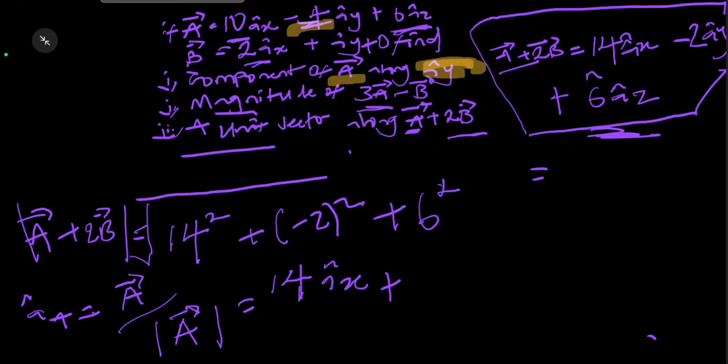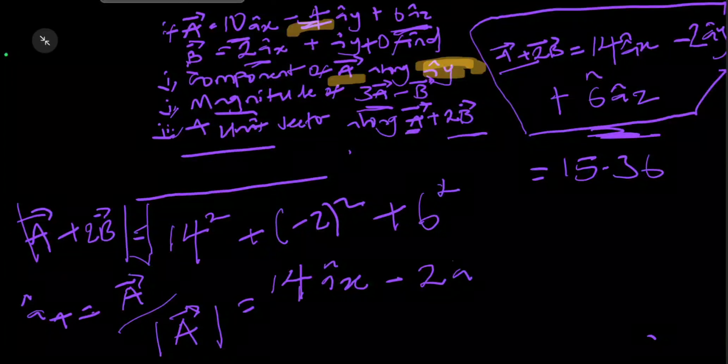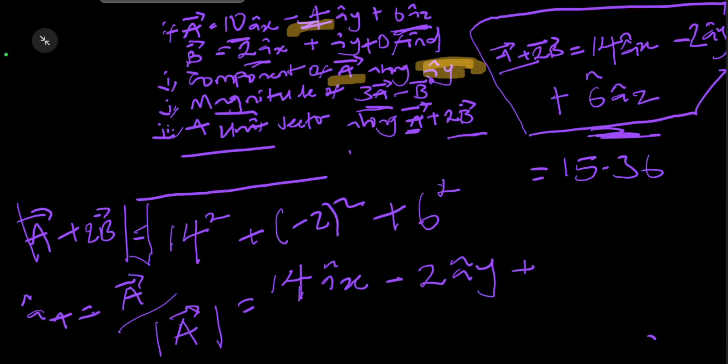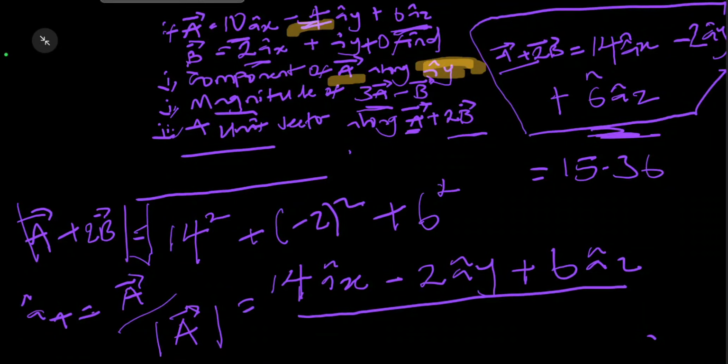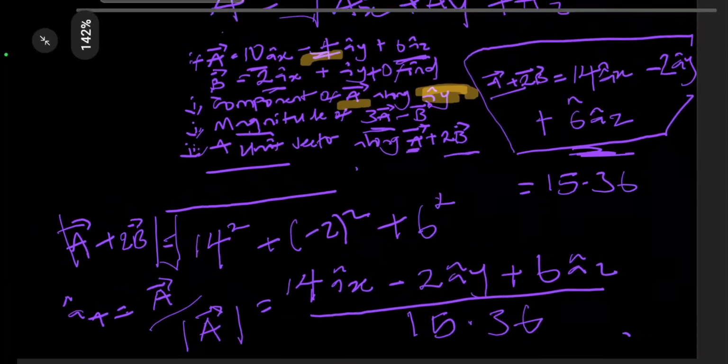It's equal to, sorry, it should be negative here, negative 2, and let's not forget our unit vector, plus 6 and unit vector, all divided by 15.36.